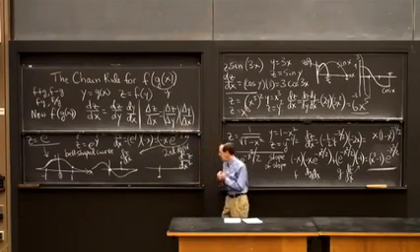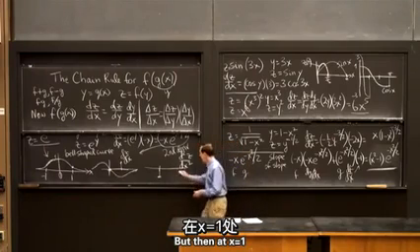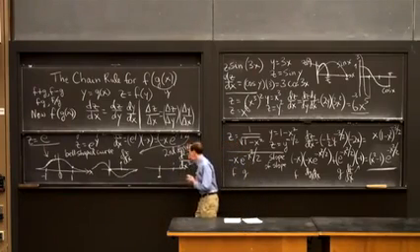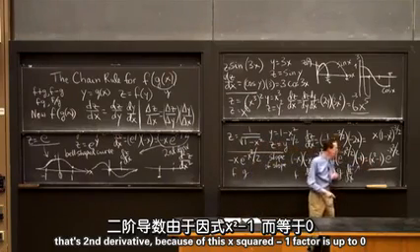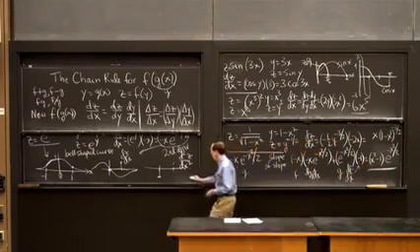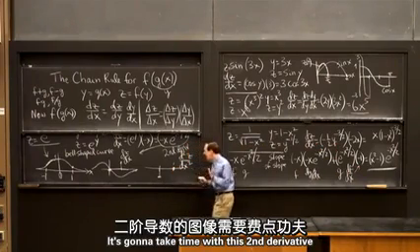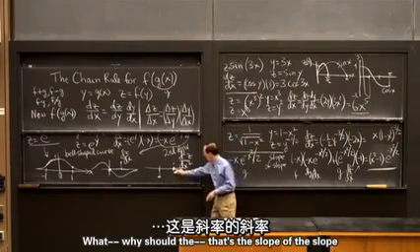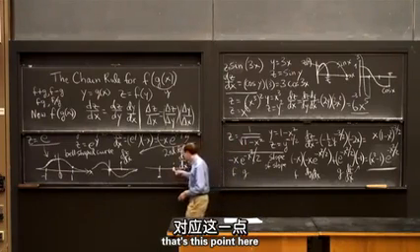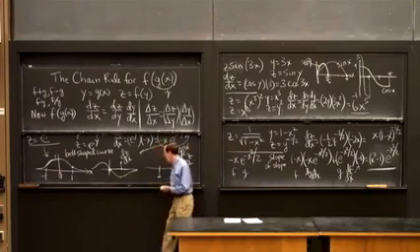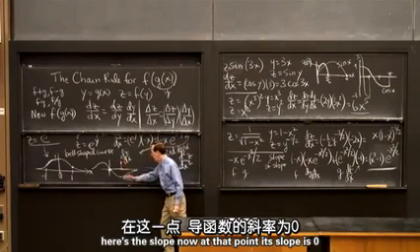I see it. But then at x equal 1, that second derivative, because of this x squared minus 1 factor, is up to 0. It's going to take time with this second derivative. Why? That's the slope of the slope. That's this point here. Here's the slope.